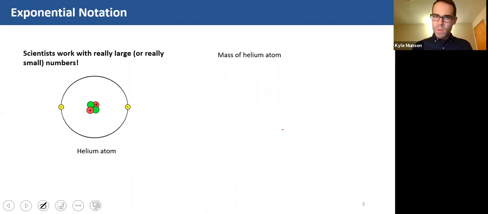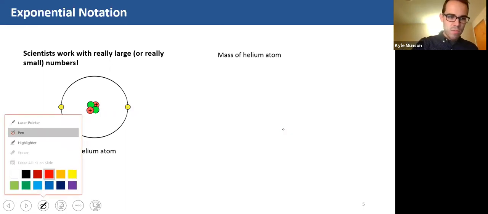Well, the reason we need it is because scientists generally work with really, really large or really, really small numbers. For example, here's a helium atom, and let's say I wanted to write out the mass of a helium atom. So let me just count here. So I think this is right.